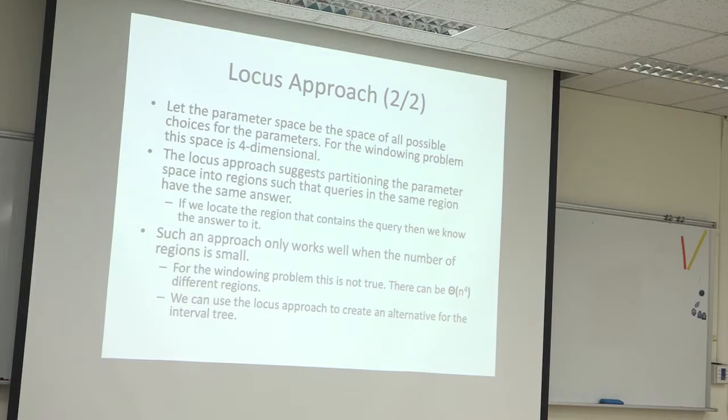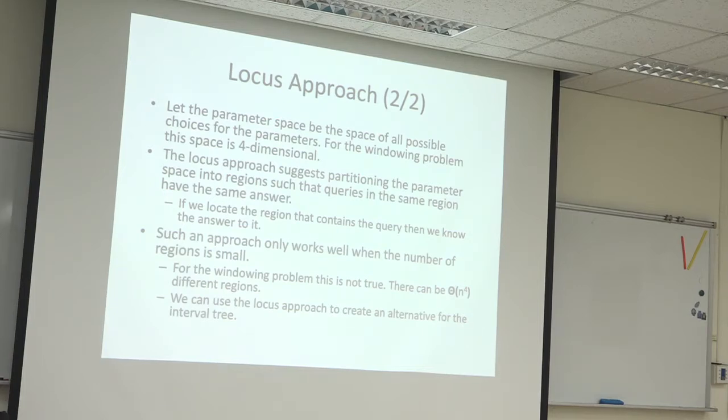Such an approach only works well when the number of regions is small. If you have a lot of regions, then the locus approach is difficult. For the windowing problem, this is not true because we have 4 parameters, which turns out to be 4-dimensional.